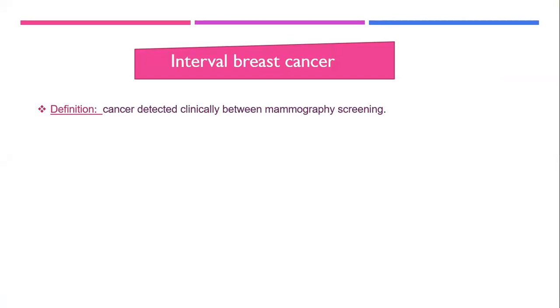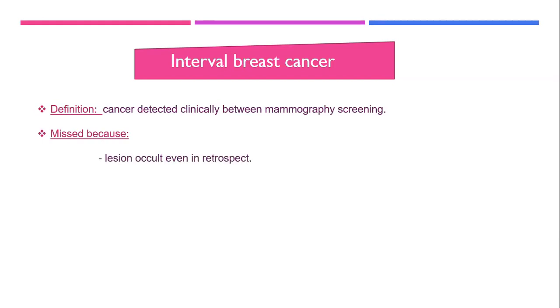The patient had a mammogram screening and it was reported as negative, and before the second round, or the second year mammography, she was diagnosed as having breast cancer. This is an interval cancer. So it is a missed cancer.